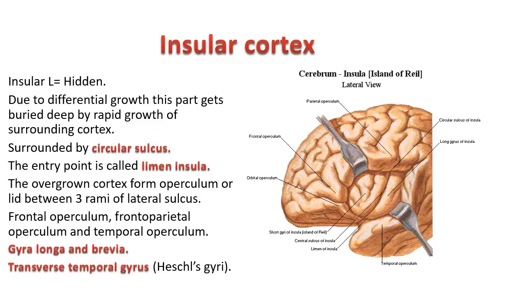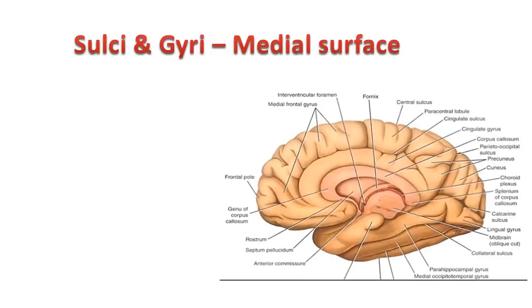With this, we will pass on to the gyri and sulci on the medial surface. On the medial surface, mainly what you see is the corpus callosum, that is the genu, body and splenium. Immediately above that you see the cingulate sulcus.